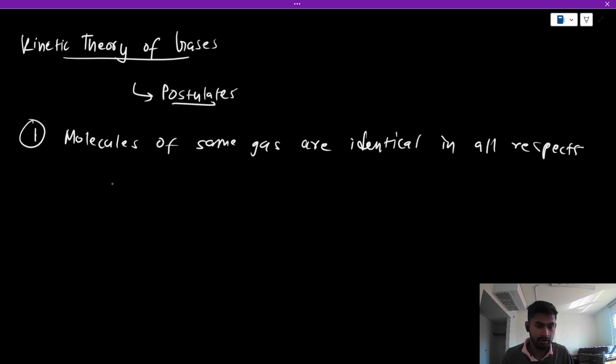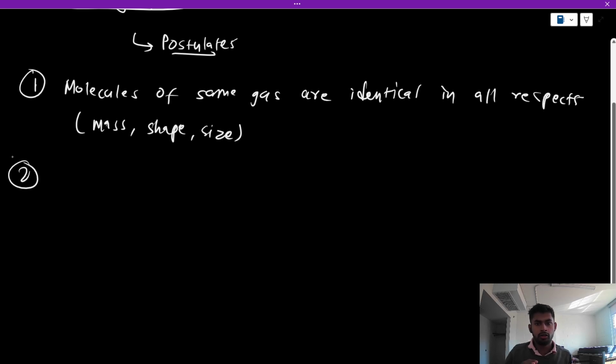What that implies is that molecules of the same gas, say hydrogen or helium or nitrogen, have the same mass, shape, and size, which should make sense because molecules of the same gas have to be the same.